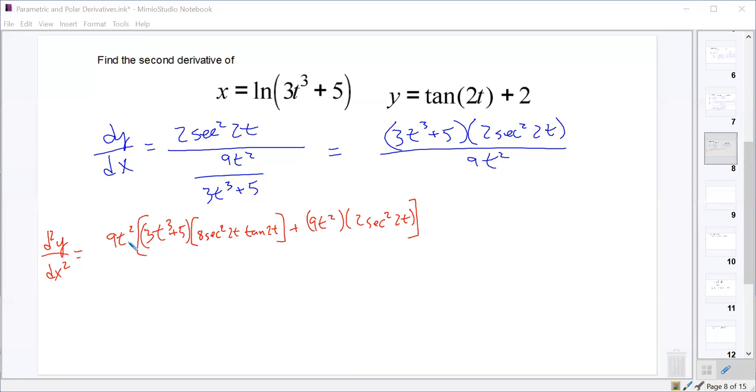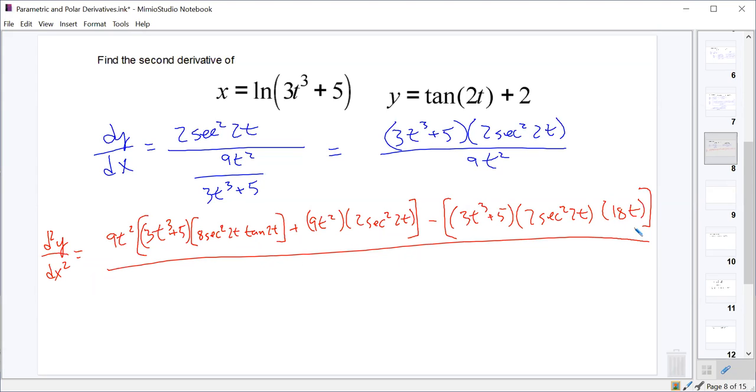So there's our v du minus u dv, which ought to be our 3t cubed plus 5 times 2 secant squared 2t, minus u dv, 18t divided by 9t squared, squared.